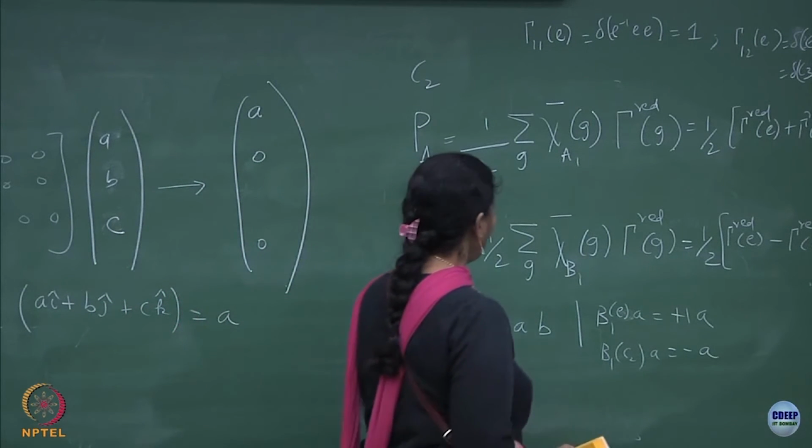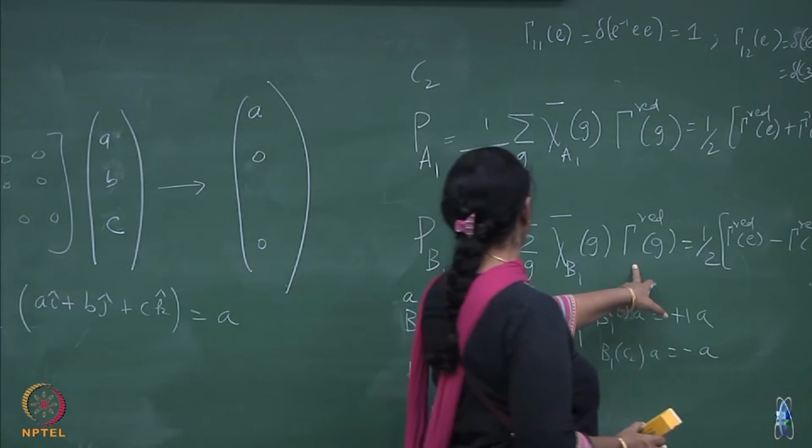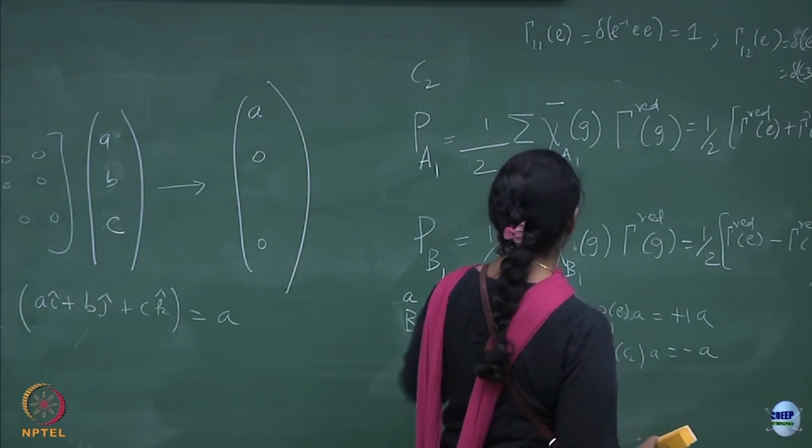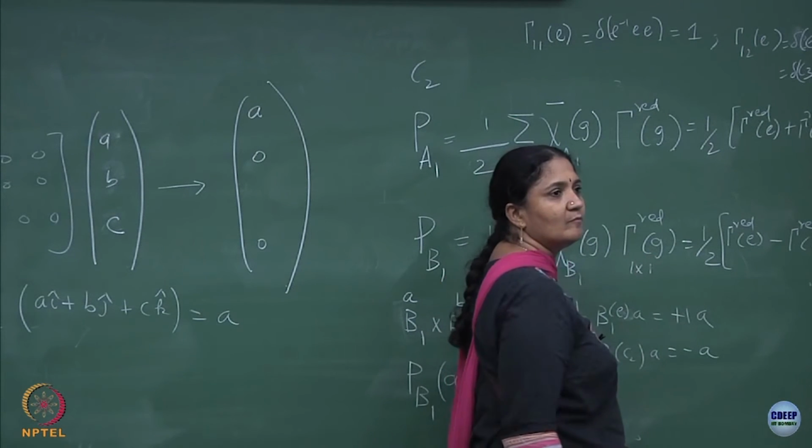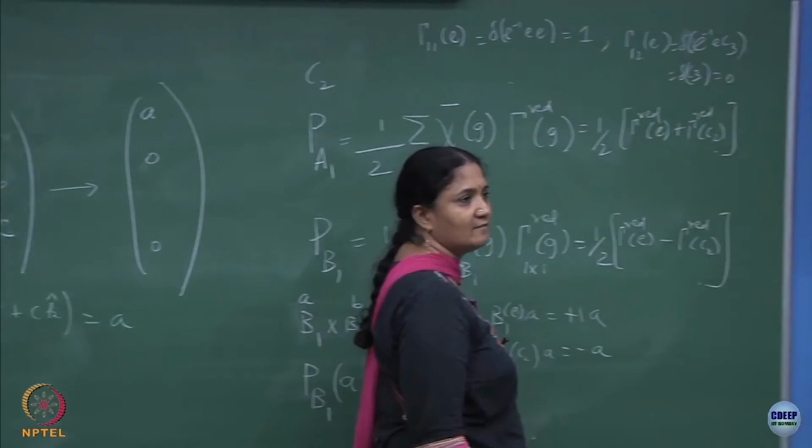So, it will operate on AB, the reducible one, and the reducible one is also a 1 cross 1 matrix only, no change, right.